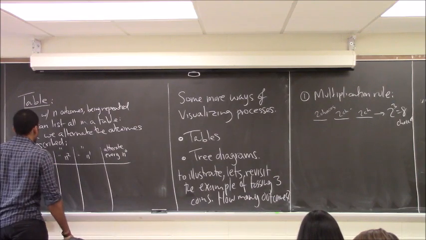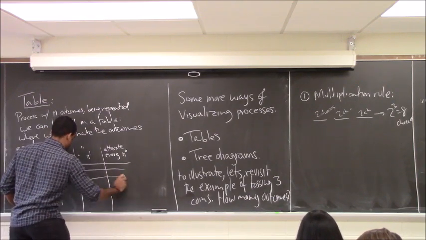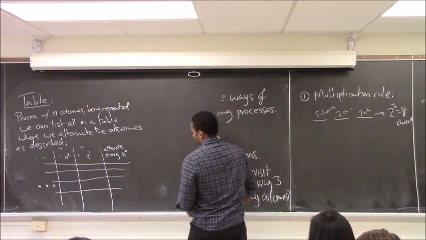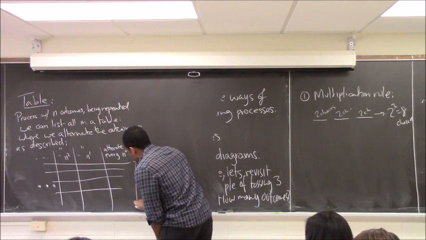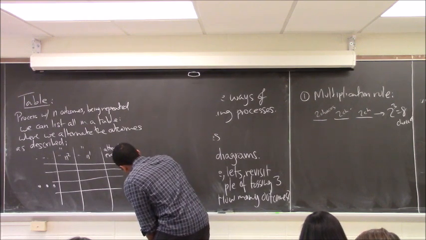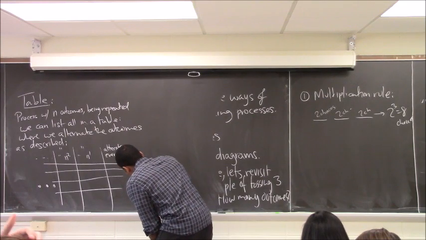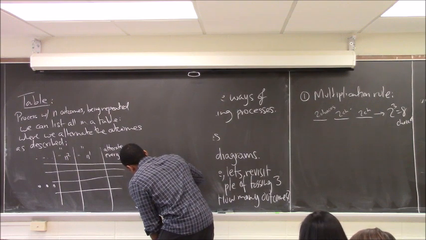So for example, where the number of rows here are given by the multiplication.